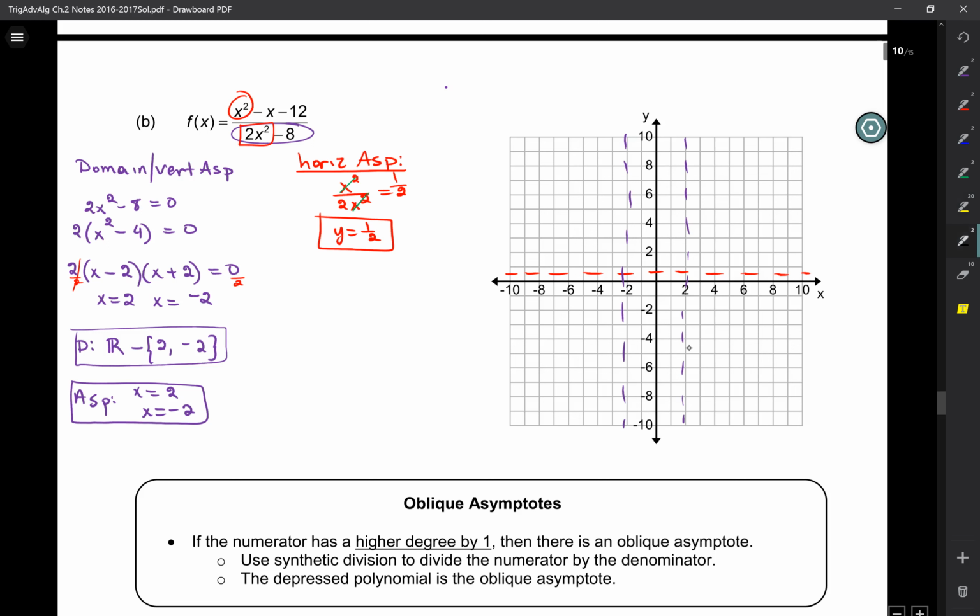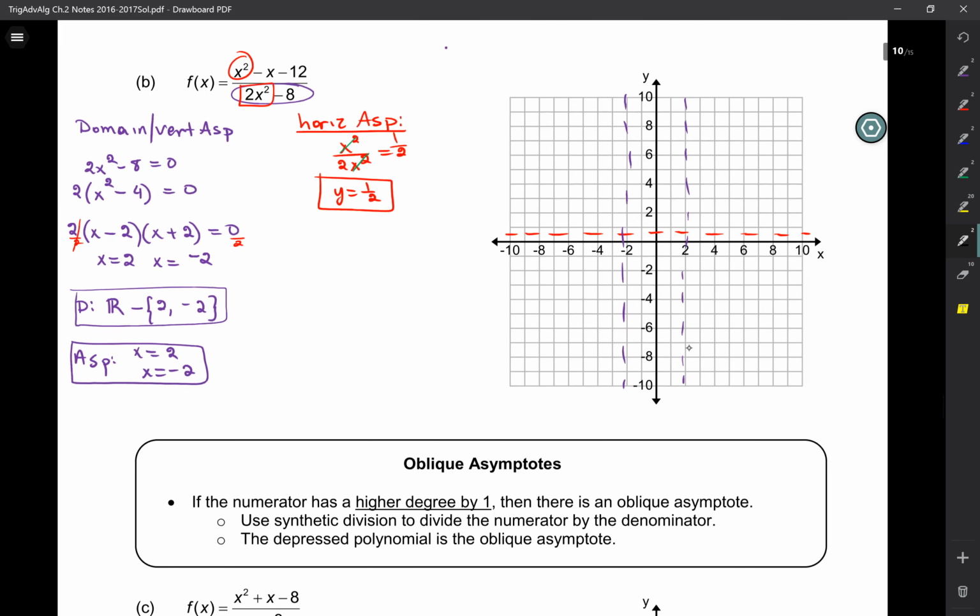Now, in order to graph, two other things that also help are the intercepts. So let's find the zeros. This is where the function crosses the x-axis.